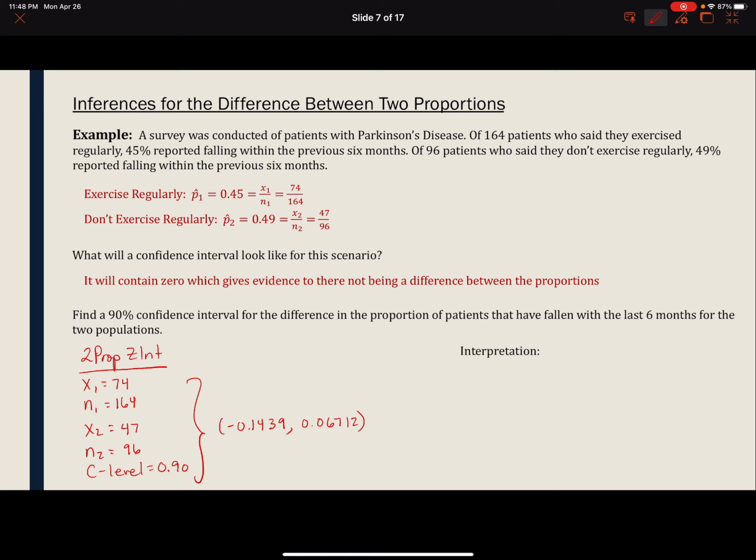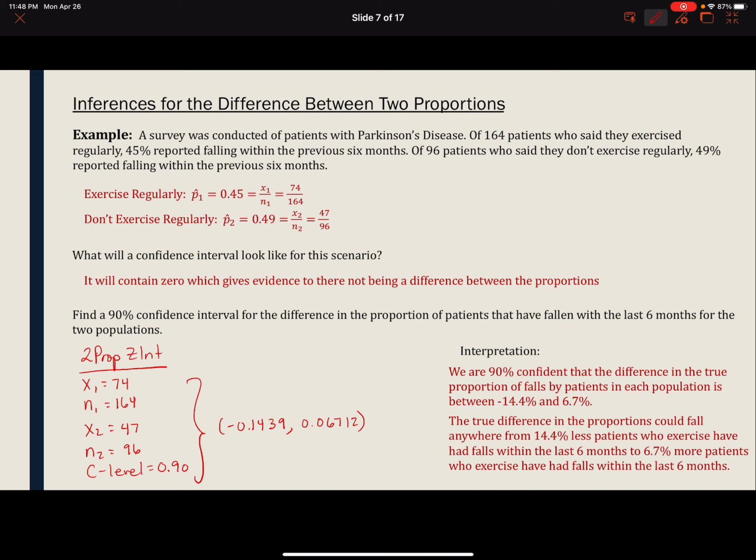Interpreting this is really tricky, and I've seen the mistake of people who drop the negative sign. You really shouldn't do that. But I'll show you the way that I interpreted this. I have a general interpretation where I say we are 90% confident that the difference in the true proportion of falls by patients in each population is between negative 14.4% and positive 6.7%.